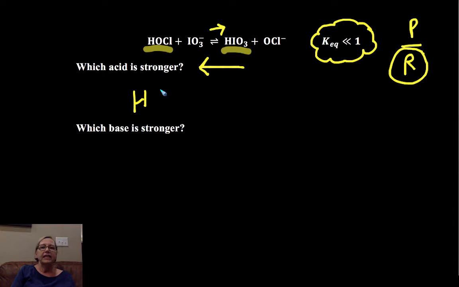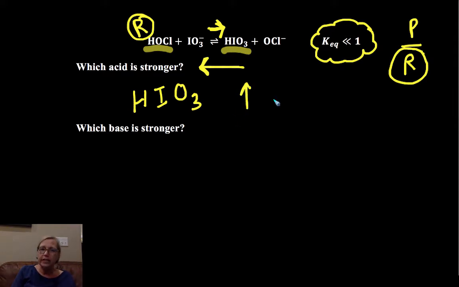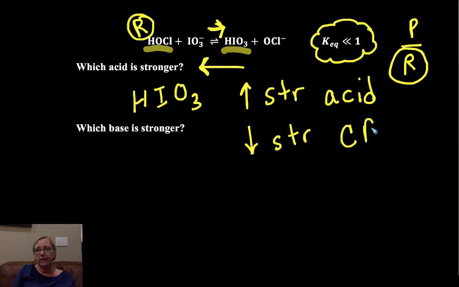So that would mean that HIO3 is the stronger. You can kind of think of it as a tug of war. These two are pushing against each other, and the stronger one wins. It forces the reaction to be on the reactant favored side. Okay, so which base is stronger? Well, as you increase the strength of your acid, you decrease the strength of your conjugate base.